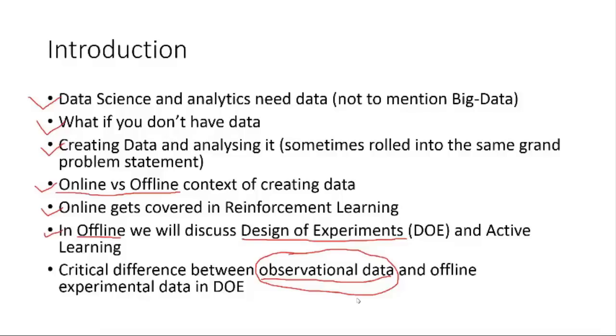Now these are just two different ways of describing it because they come from slightly different contexts of application, but the core problem statement is the same, which is that you, as the user, experimenter or learner, have the choice of generating an output at a pre-decided point in the input space. And that has some critical differences over observational data and a lot of advantages.